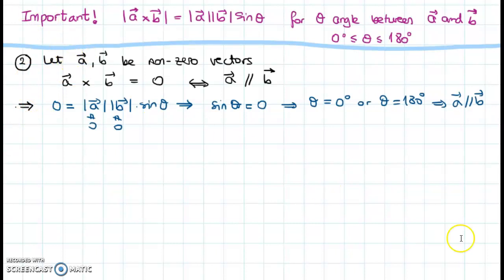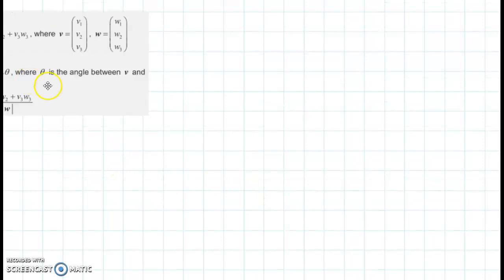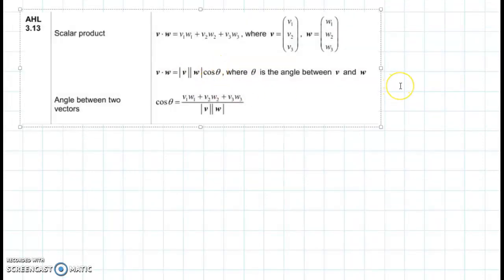And the last thing we want to do is to take a look at what's in the formula booklet about all these definitions and properties that we have been seeing in the last couple of videos. So let me scroll down a little bit. The first thing we want to look at is the formula related to the scalar product.